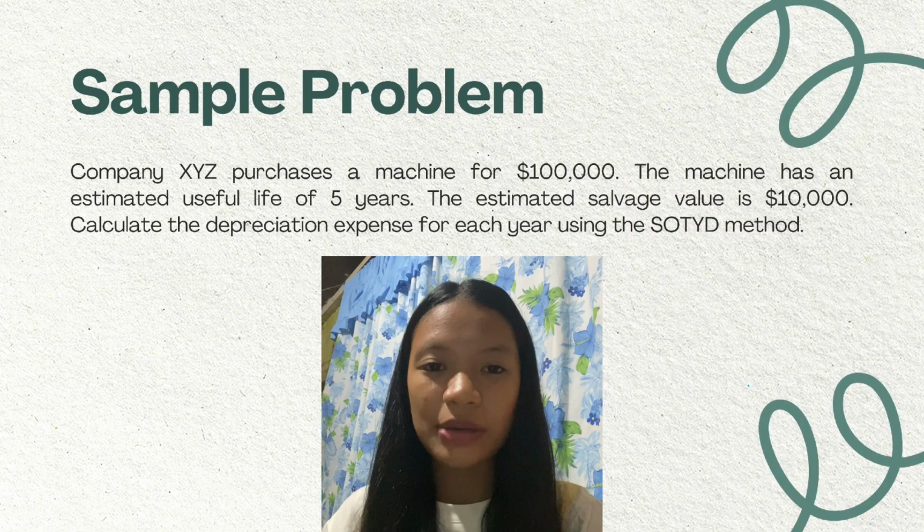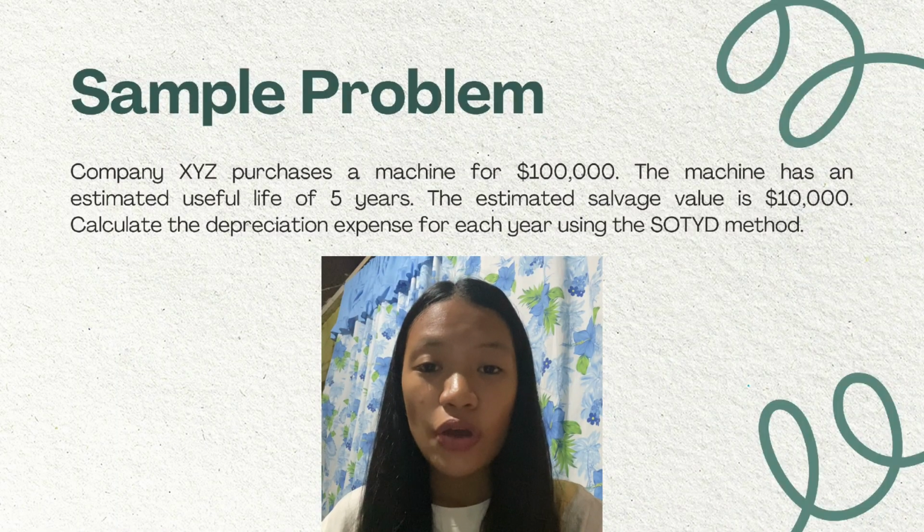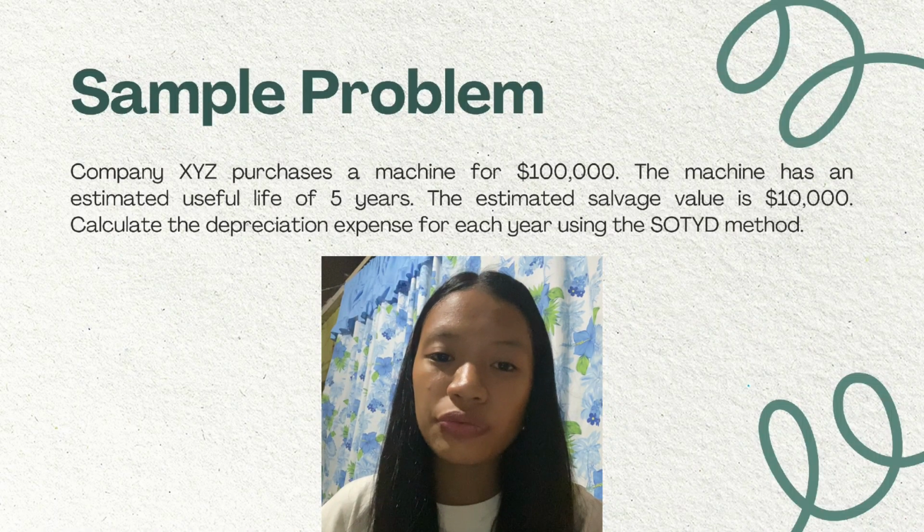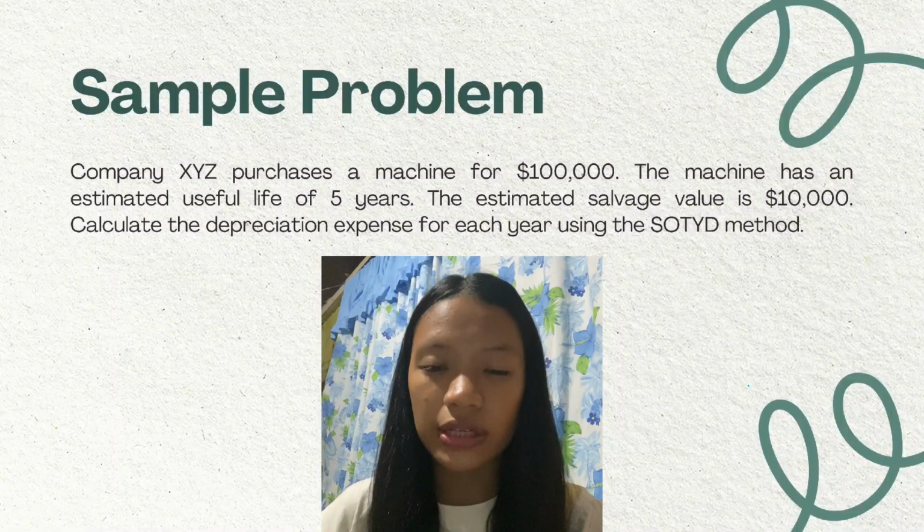So now, let's apply this to a sample problem. Company XYZ buys a machine for 100,000. The machine has an estimated useful life of 5 years. The estimated salvage value is 10,000.